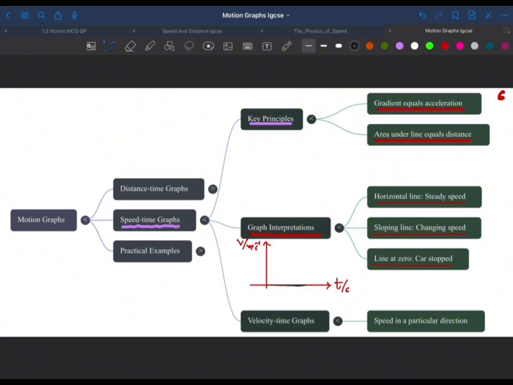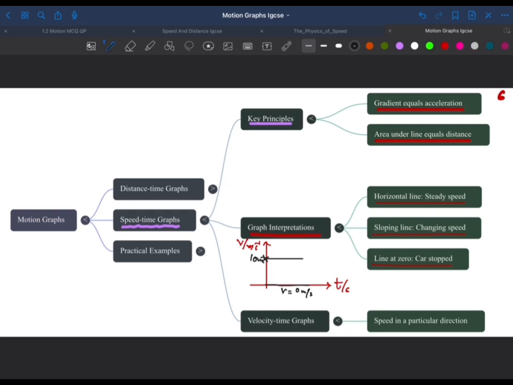This line shows that the velocity is 0. Remember that if the line is not lying along the time axis but somewhere higher, both are straight lines, but this line shows 0 velocity, v equal to 0 meter per second, while here you have a value of, suppose, 10 meter per second. So be careful of these two facts.